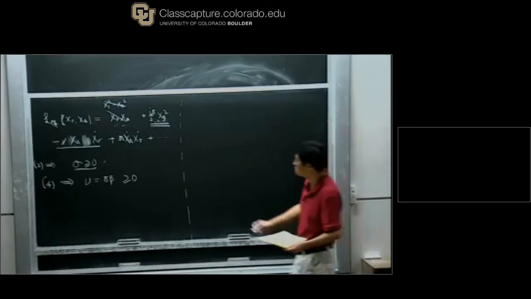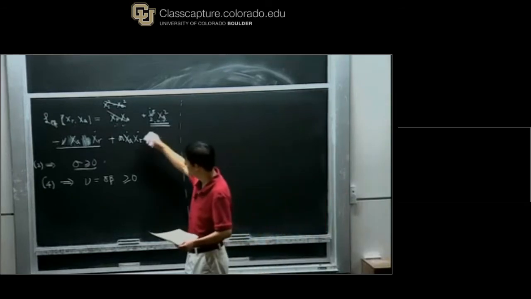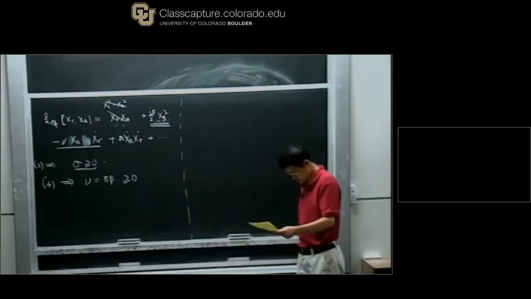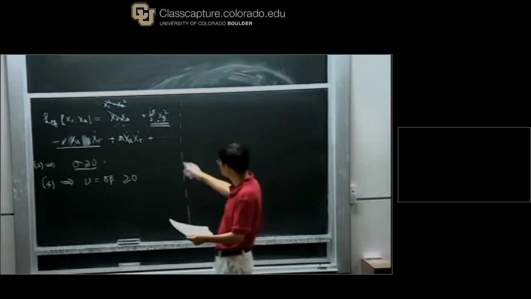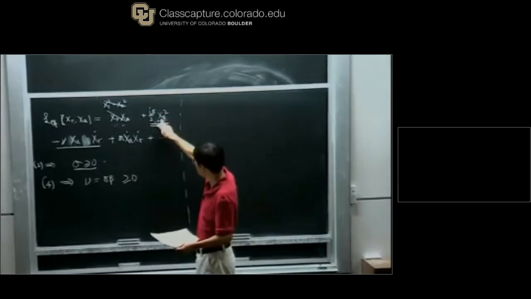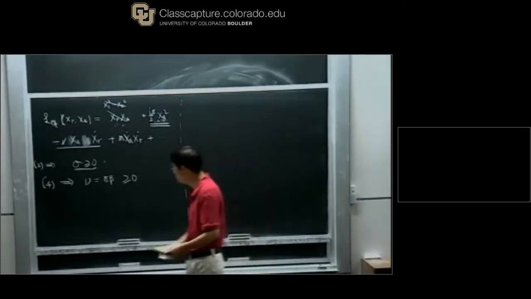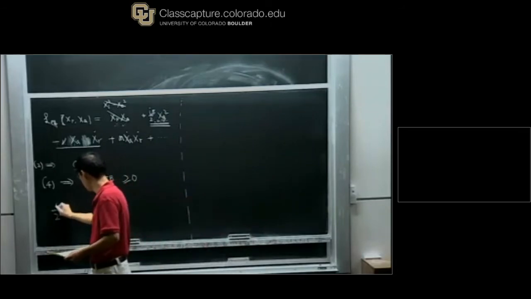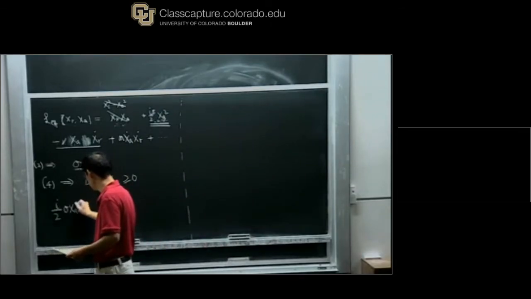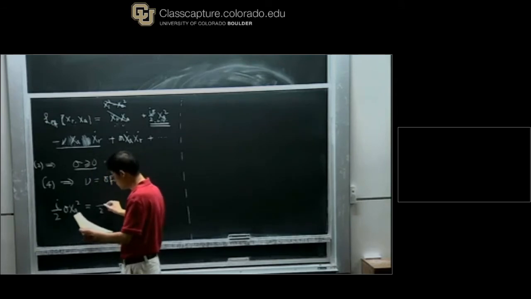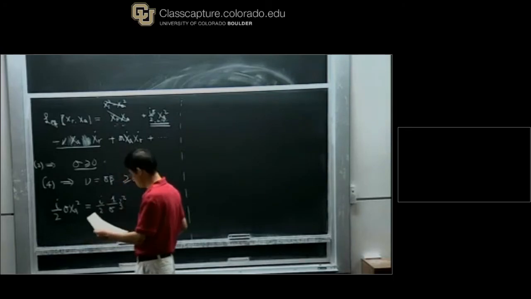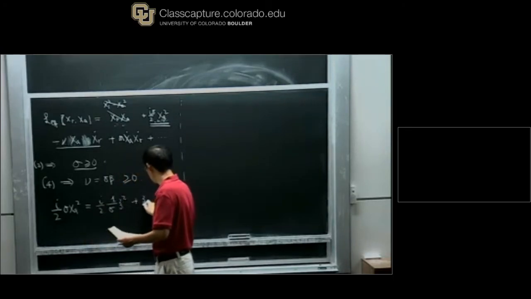Okay, so now let's see what this theory tells us. To convert this into a slightly more familiar form, let me do a Legendre transform for XA. I write the sigma XA term as 1/2 sigma XA squared, and I introduce a new variable psi times XA.